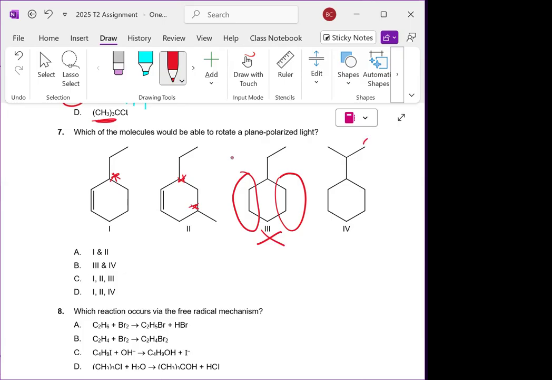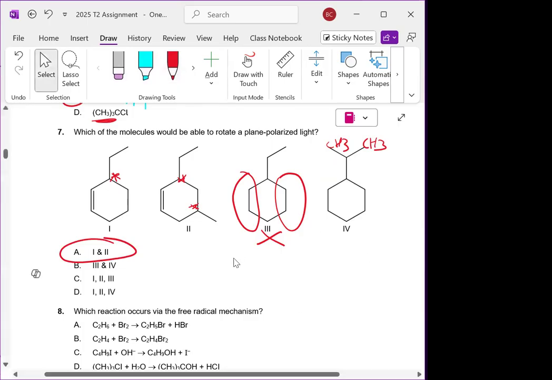And this one, this is a CH3, this is a CH3. So even if I see a Y over here, it's not chiral. Okay, and then this one, is this chiral? Let's check. Left-hand side is this, right-hand side is this. It's exactly the same group. So no chiral. Okay, this one no chiral because both same group. This one no chiral because left and right of the ring are the same. So with that, question 7 is A.